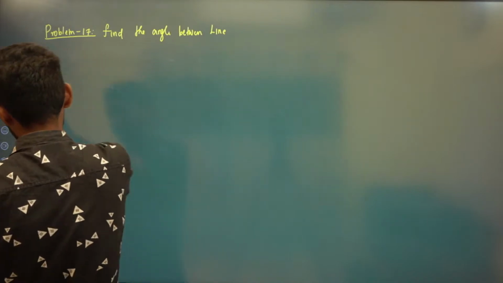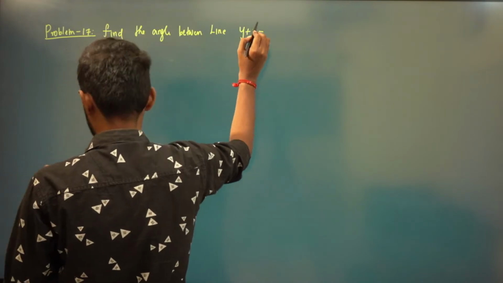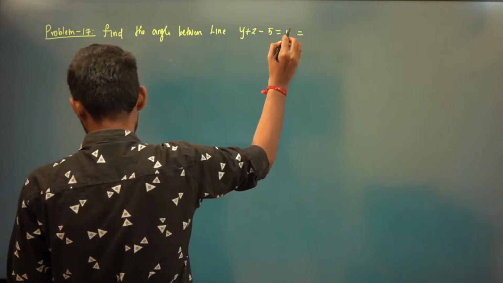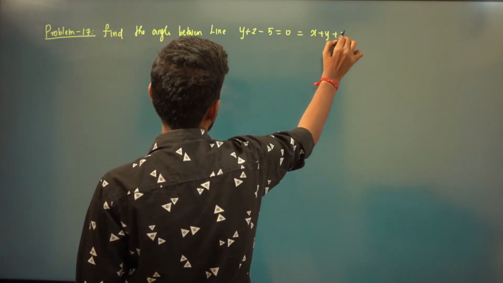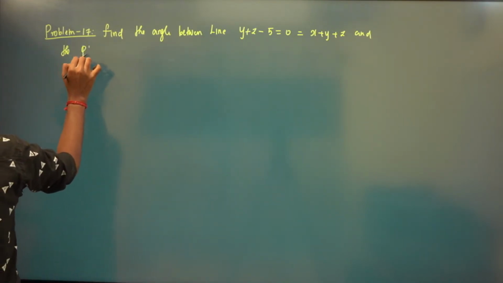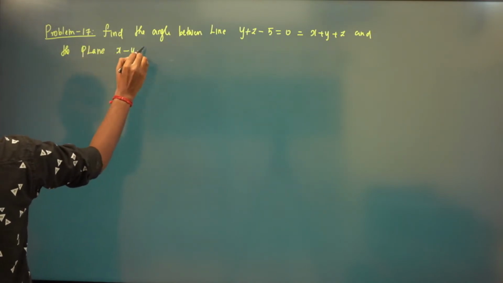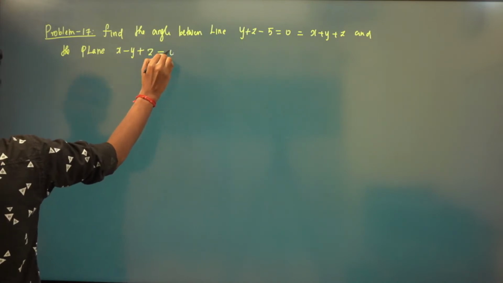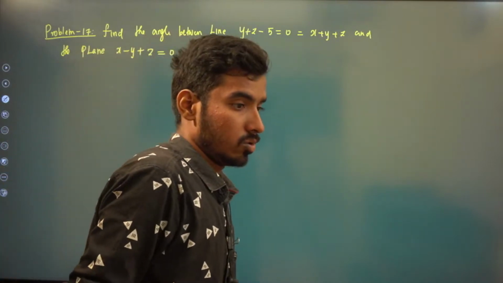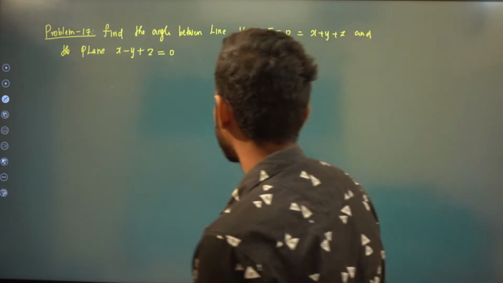The line is given by y plus z minus pi equal to 0 is equal to x plus y plus z, and the plane is x minus y plus z equal to 0, right? So very simple. Whenever you need to find the angle between a line and a plane, make use of sine theta. So very simple.